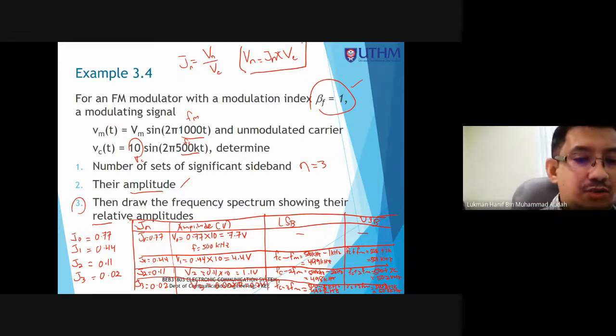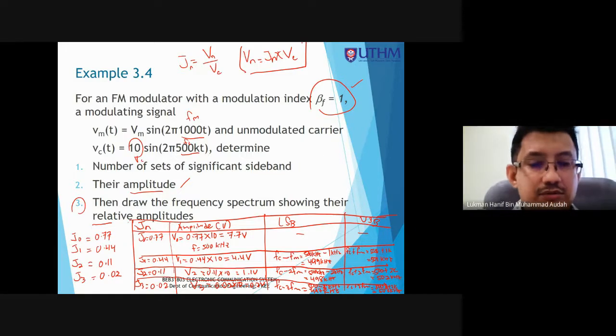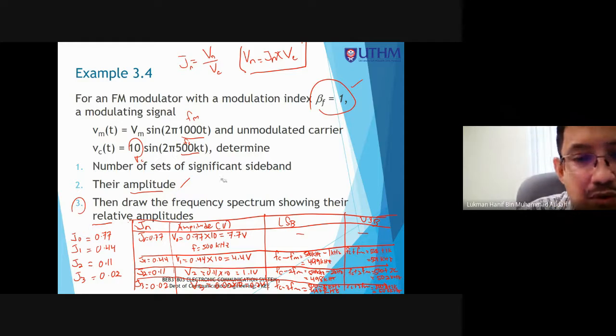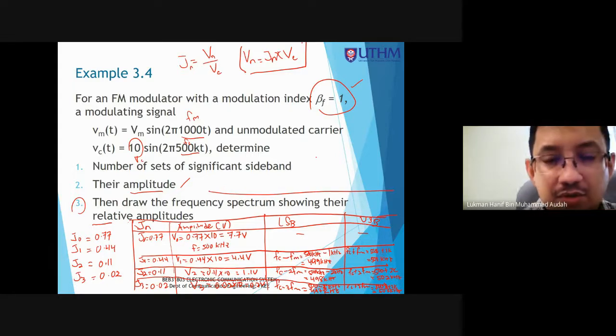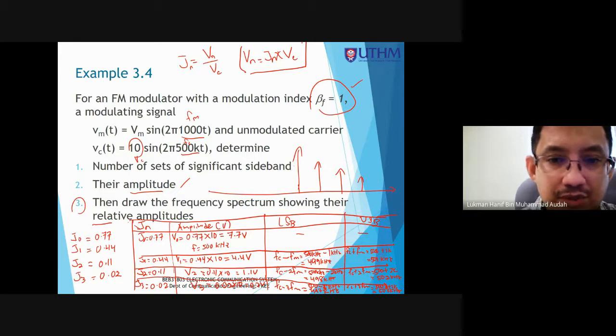Okay, so saya tunjukkan sekejap. So when you draw, we have carrier, first sideband, second sideband, third sideband.